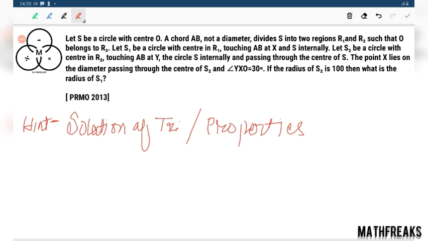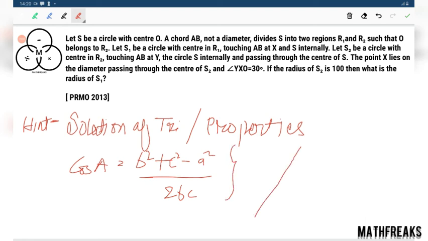Which property? That is cos A equals B square plus C square minus A square by 2BC. This property is for a triangle ABC with sides A, B and C.